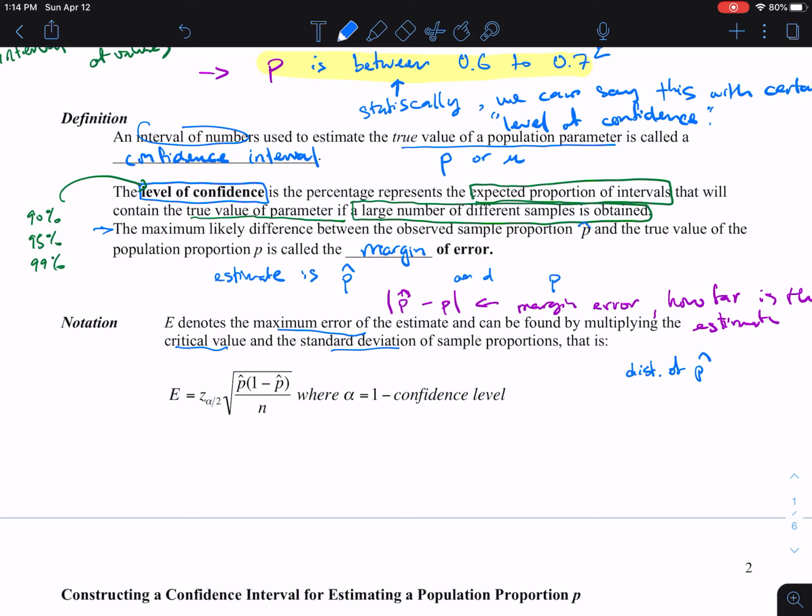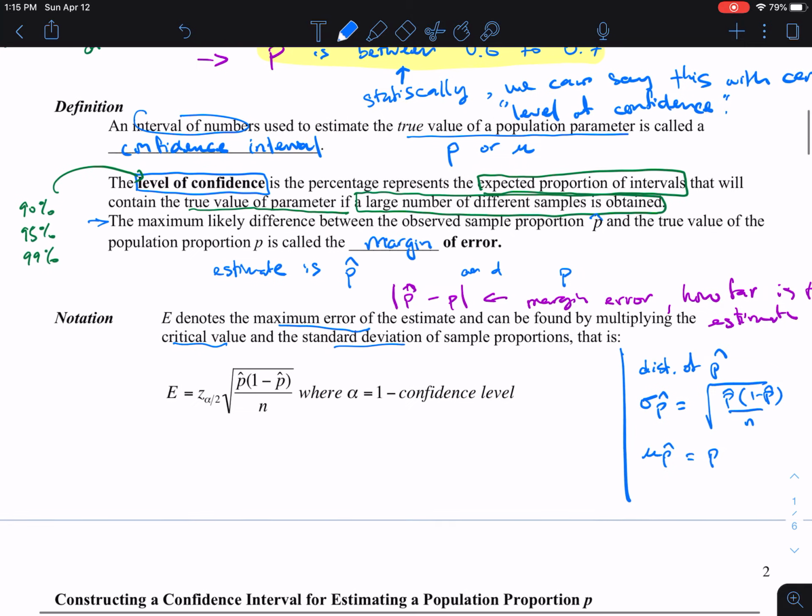The standard deviation sigma of p hat is the square root of p hat times 1 minus p hat over n. In the sampling distribution of sample means, we did all that work. We didn't quite go over the distribution of the sample proportion, but it's very similar. We have the standard deviation of p hat, the mean of all p hat and all that, and we have similar results to the distribution of sample means.